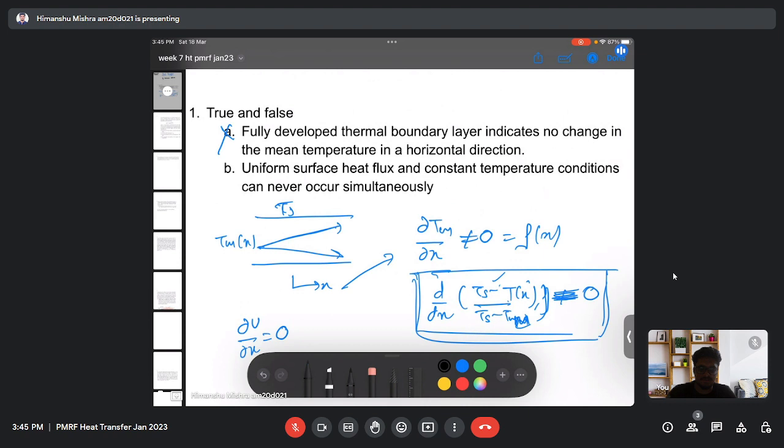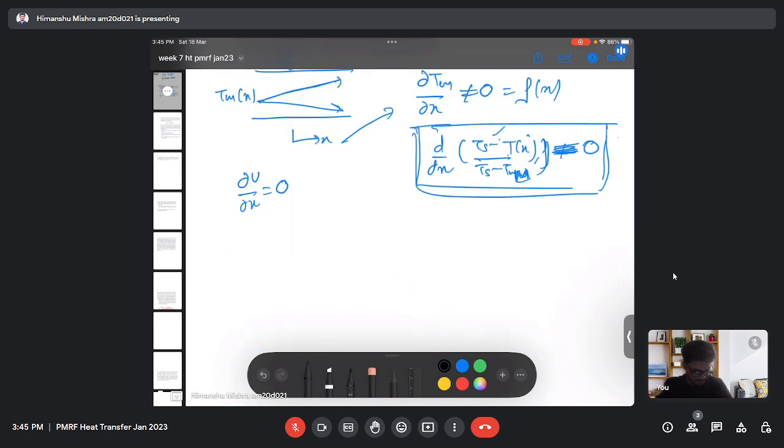So is this a correct or incorrect statement? This is a correct statement actually.